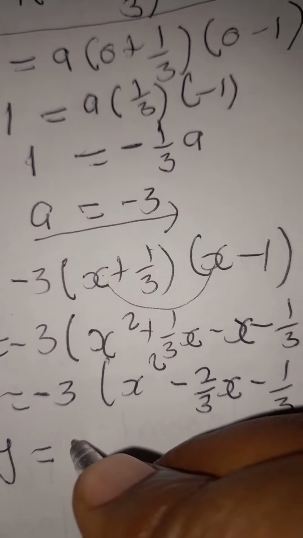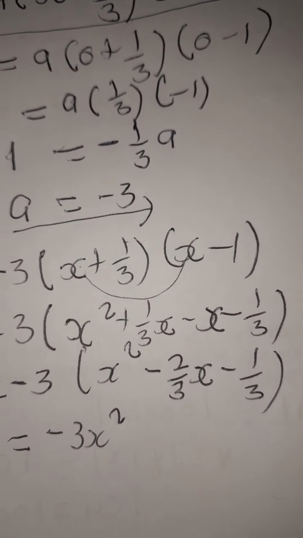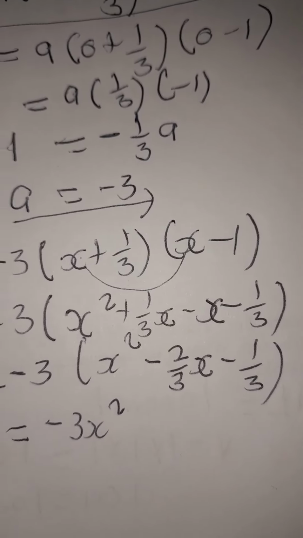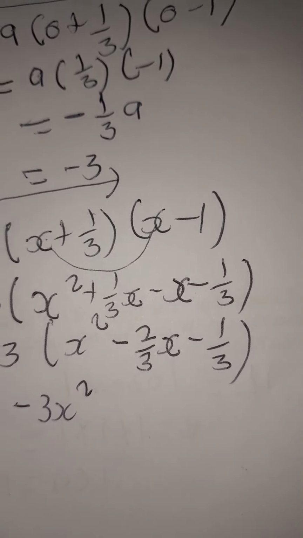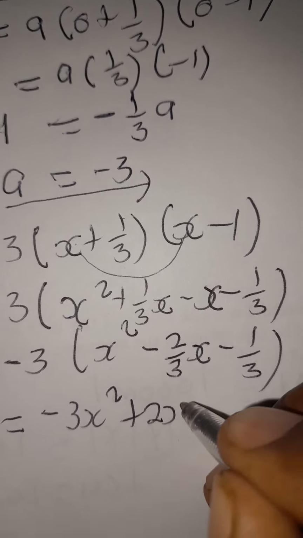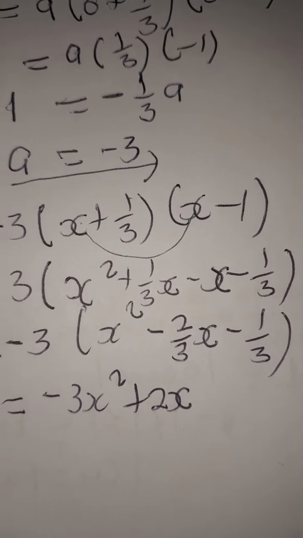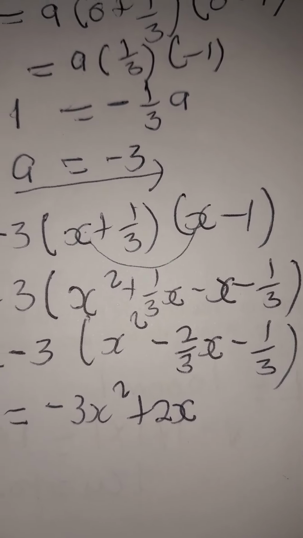Negative 3 times x squared will be negative 3x squared. Negative 2 over 3 multiplied by negative 3 will be positive 2, so we are going to have positive 2x. Then what is negative 3 multiplied by negative 1 over 3?